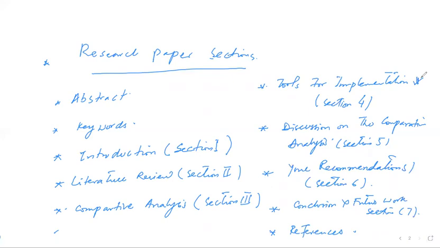So now moving onward toward the first section, the research paper write-up. First of all, you have to write the title of your research paper. RP stands for research paper.